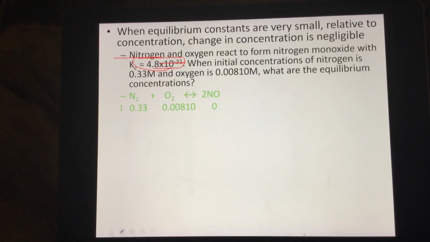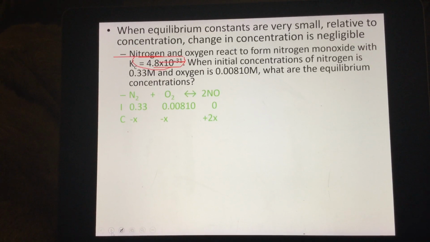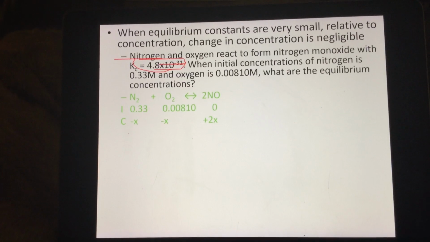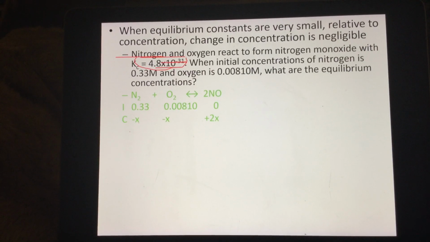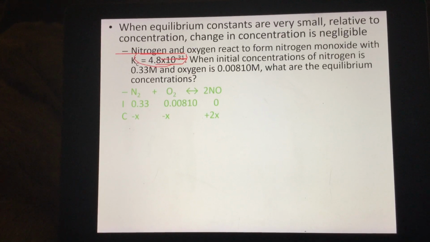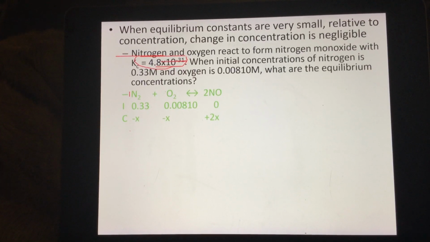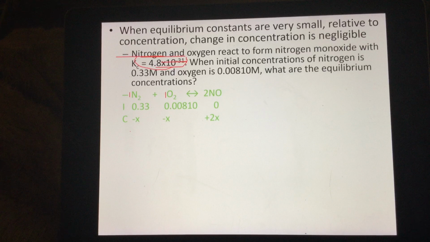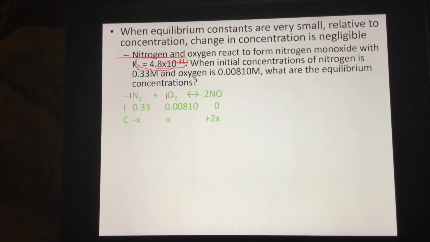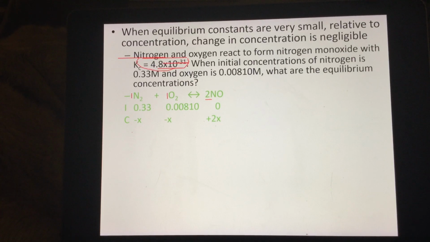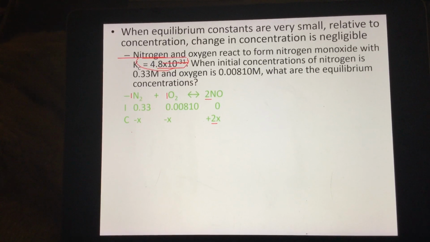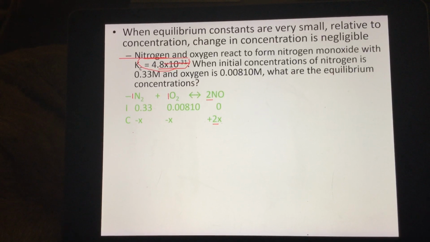Now again, we don't know what the change is. So just like we did in the last problem, we're going to let the change in concentration equal X. So again, our reactants, since they're both 1 to 1, they're both going to decrease by a factor of minus X. But because our NO has a 2 here, it's going to increase by a factor of 2X.